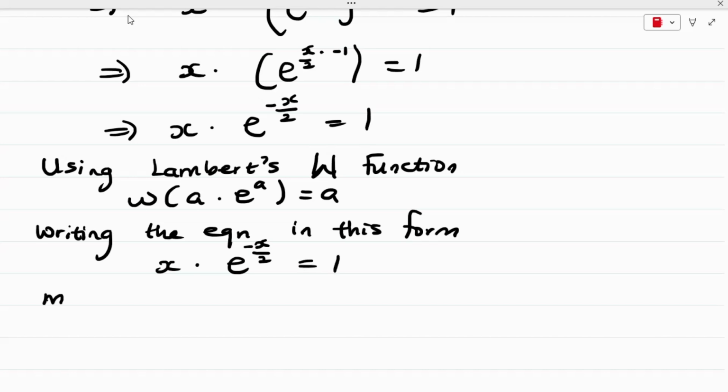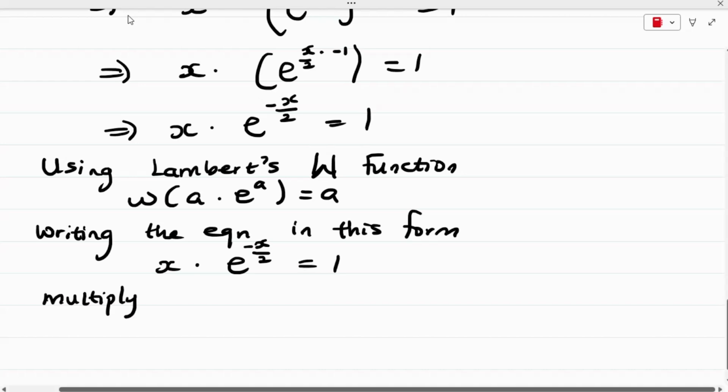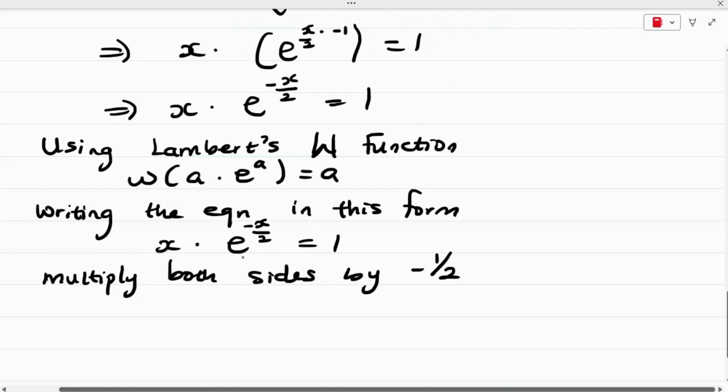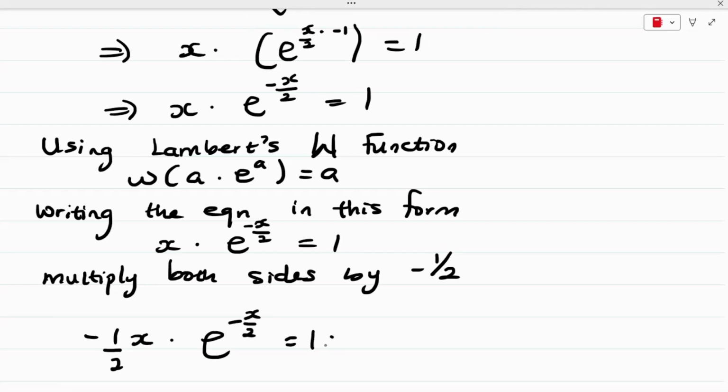So the next thing we want to do is to multiply both sides by negative 1 over 2. Multiplying both sides by this, we have negative 1 over 2 x multiplied by e raised to the power of negative x over 2 is equal to 1 multiplied by negative 1 over 2.